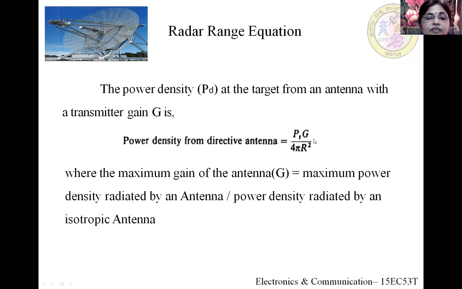So what is meant by G here? G is the maximum gain of the antenna, which is equal to the maximum power density radiated by an antenna divided by the power density radiated by an isotropic antenna.